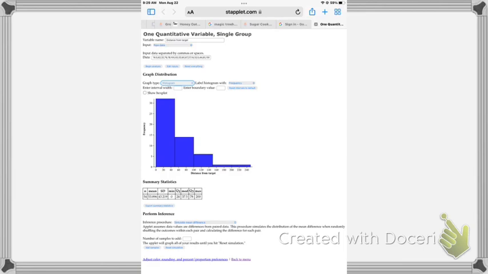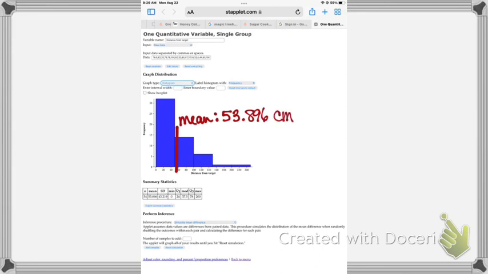Skewed to the right. Skewed to the right, yes. And I'm going to look at our summary statistics down here. The mean is 53.896. So our mean is right about here. And that would be centimeters.